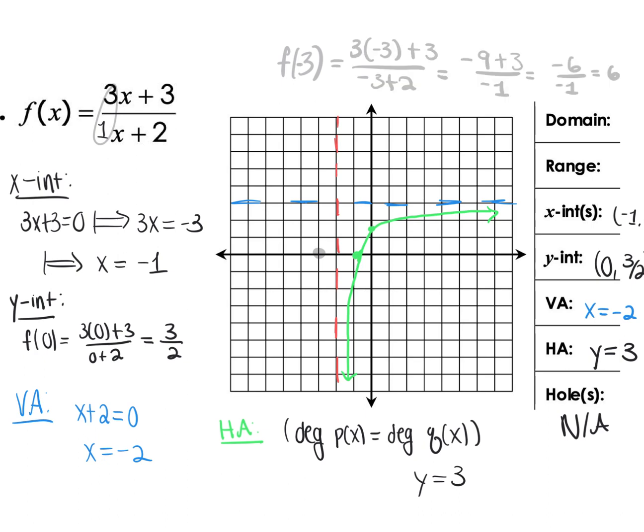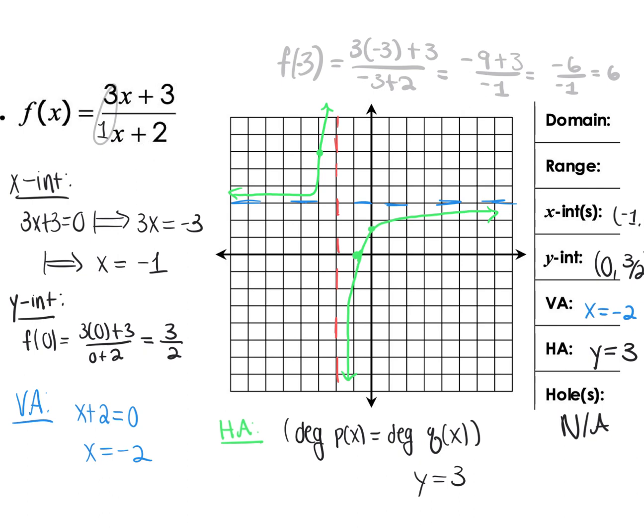And so we'll see that at negative 3 we'll be at positive 6. So we'll have a point here. So we can guess the graph will look something like this then, because it needs to abide by the vertical asymptote and also the horizontal asymptote.